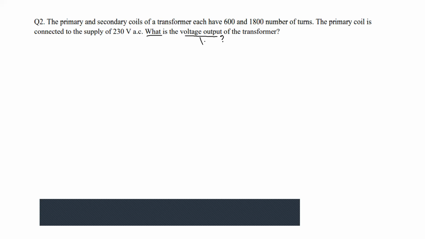Output voltage means VP or VS? Yes, VS. So primary 600, secondary 1800. Supply means primary, so VP is 230 volts.